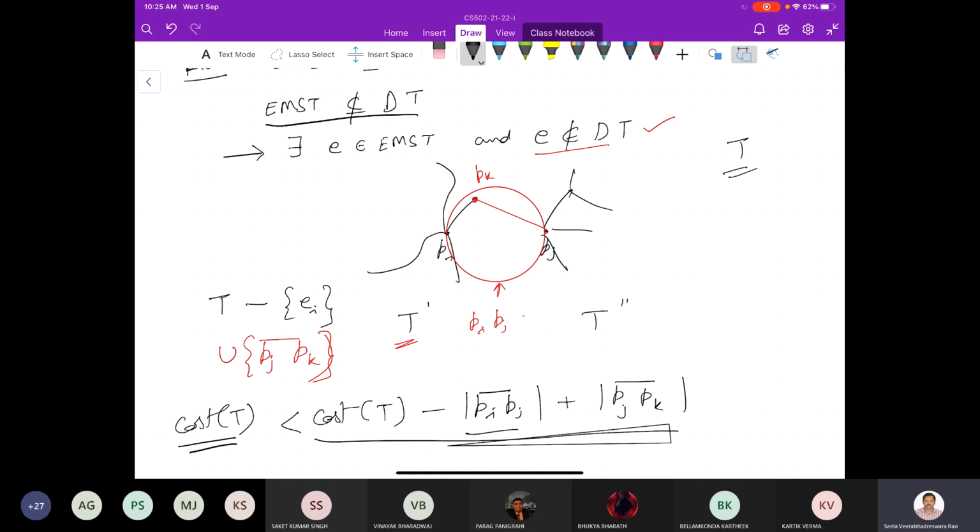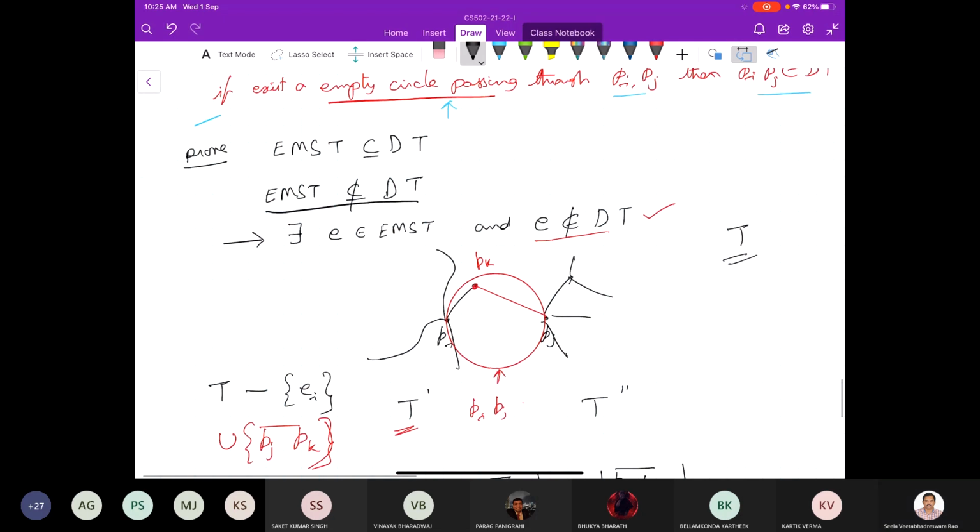So I'm just repeating once again. We want to prove that the Euclidean minimum spanning tree is a subgraph of Delaunay triangulation. So we use a proof by contradiction, saying that the Euclidean minimum spanning tree is not a subgraph of Delaunay triangulation. If we assume this, there exists at least one edge which belongs to the minimum spanning tree and does not belong to Delaunay triangulation.